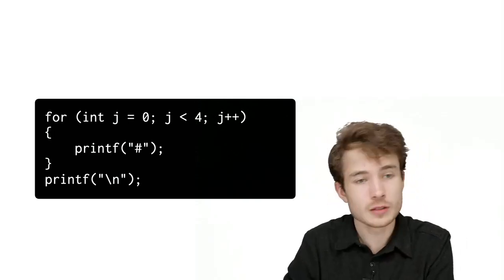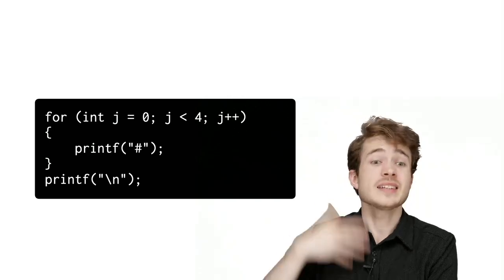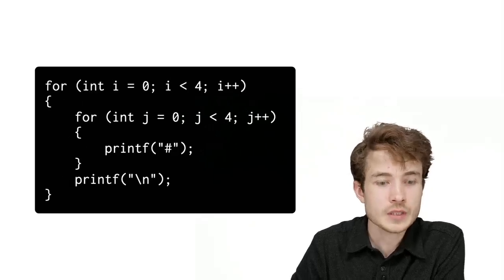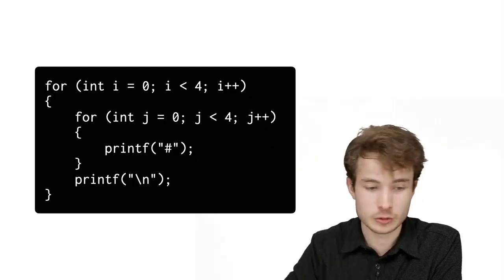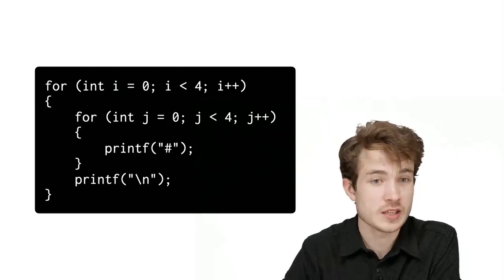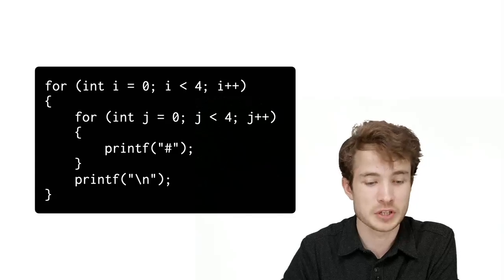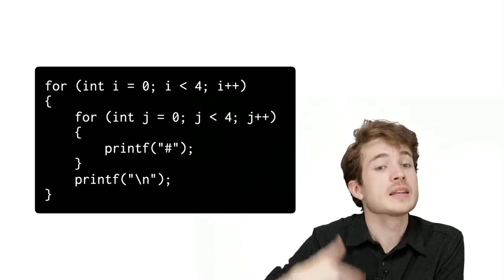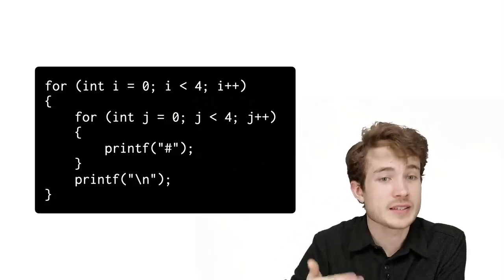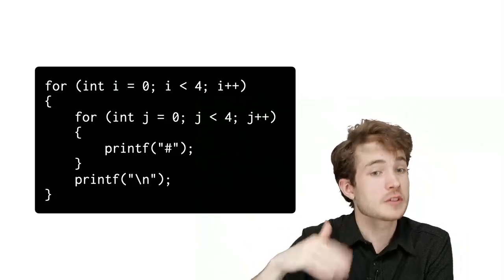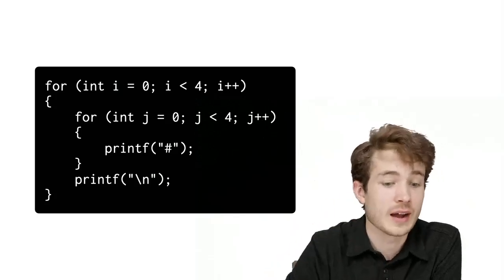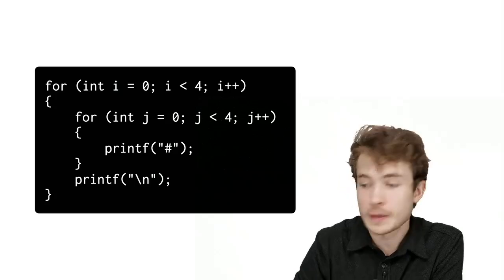You can take a loop like this and put it inside of another loop, a bit like this here. Notice how the inner loop, for int j equals 0, j is less than 4, j++, is still printing out a single line of hashes. But now I'm going to do that step 4 times per the for loop that is around that loop: for int i equals 0, i is less than 4, i++.